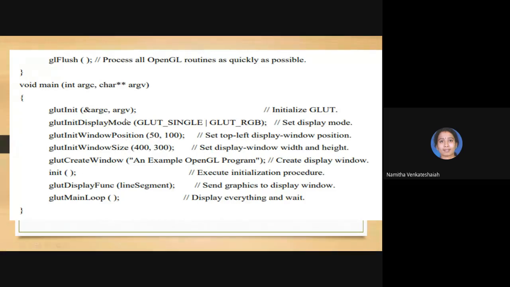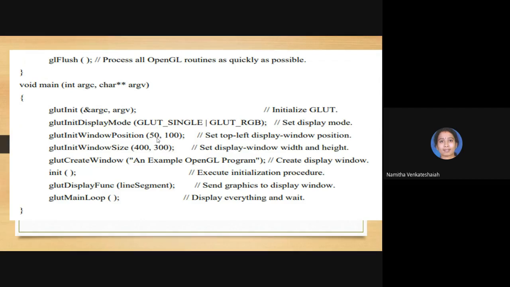Next function is for giving the size, width and height. Here I am giving 400 width and 300 height. There is no hard and fast rule that you should give 400 width and 300 height. You can give your own width and height, and also you can position it as you wish, depending on the width of the video display.